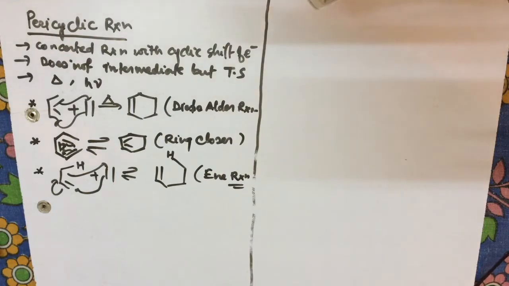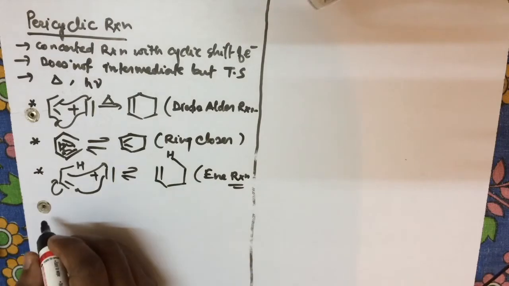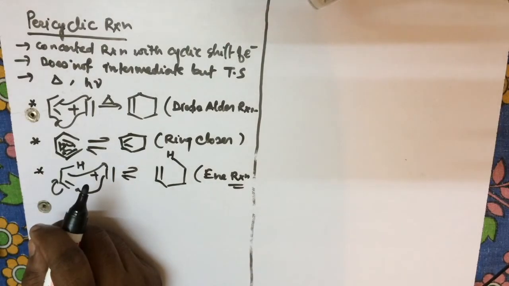Now, there are two pi molecular orbitals. One is the highest occupied molecular orbital, the second is the lowest unoccupied molecular orbital, which we know as HOMO and LUMO.